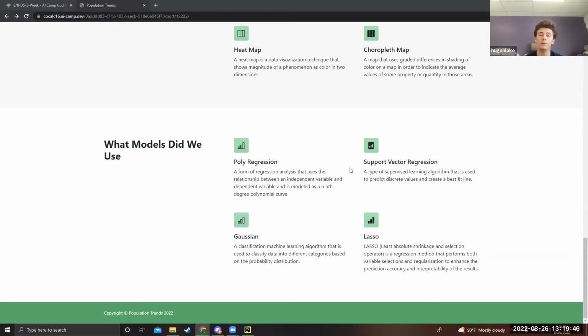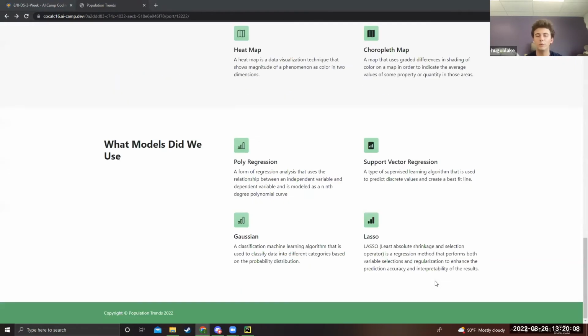Gaussian, a classification machine learning algorithm that is used to classify data in different categories based on the probability distribution, and lasso, which stands for least absolute shrinkage and selection operator, which is also a regression method that performs both variable selection and regularization to enhance the prediction accuracy and interpretation.